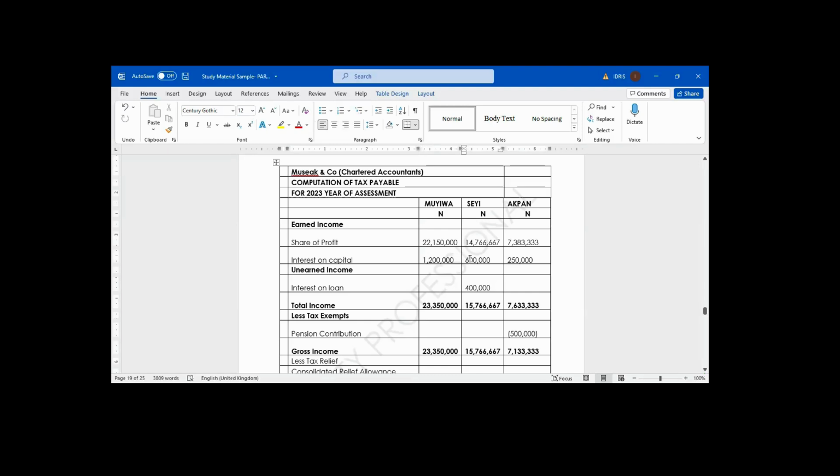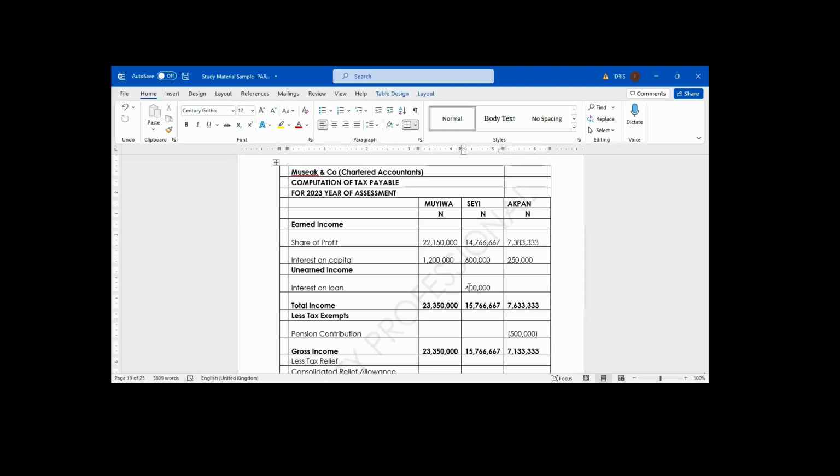For Sheyi, 600,000. For Akpan, 250,000. That is still part of income. The only unearned income we have is interest on loan.